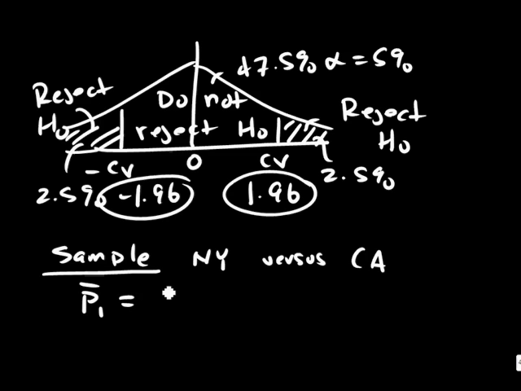Sample proportion 2 gives us 196 over 614. This is for California.